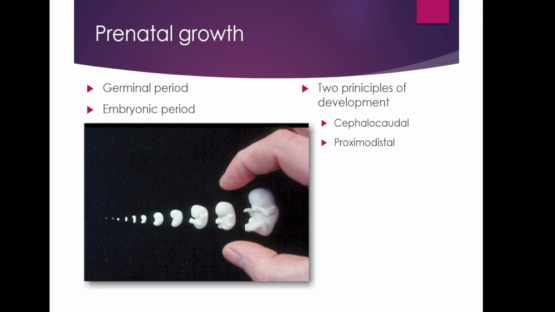This is really specific, showing all the way over on the very left, very, very tiny, the beginning of the embryonic stage. And over here on the right, the biggest one, is probably the beginning of the fetal period. So you see a lot of growth and development while still staying relatively small, because we've got a human hand in there for perspective.